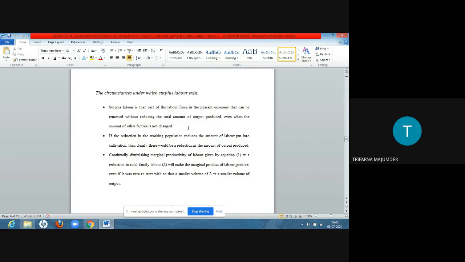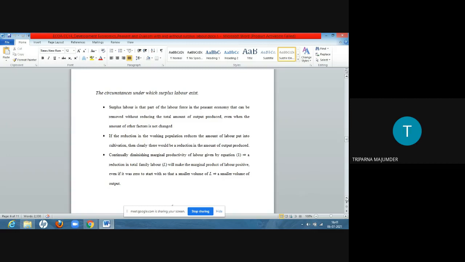Continually diminishing marginal productivity of labor, given by equation 1, implies that a reduction in total family labor will make the marginal product curve of labor positive, even if it were 0 to start with, so that a smaller volume of L will mean a smaller volume of output.